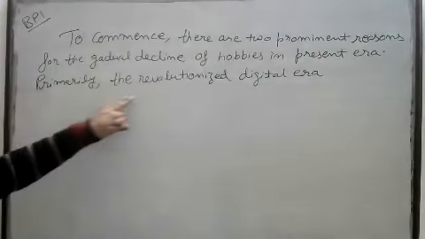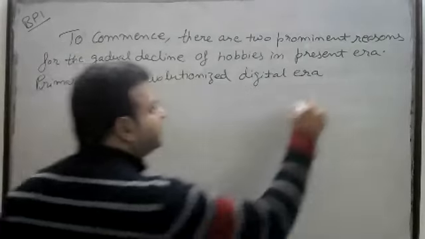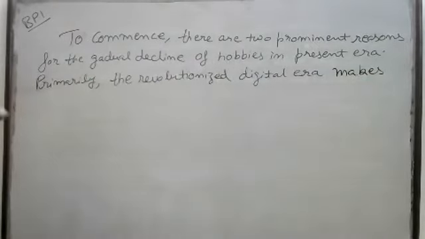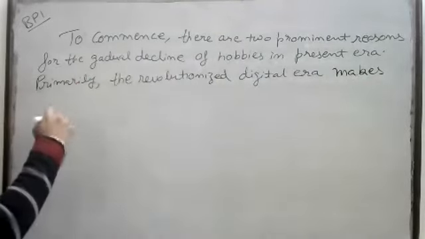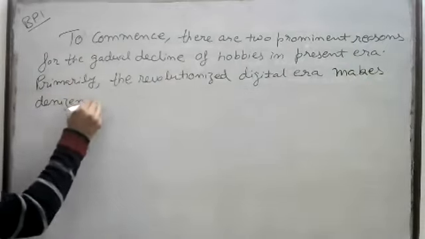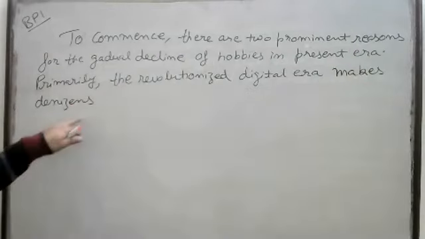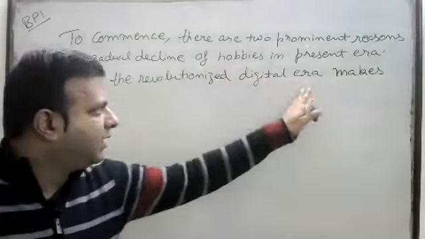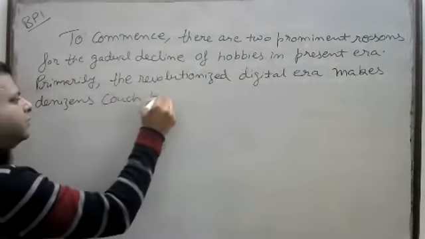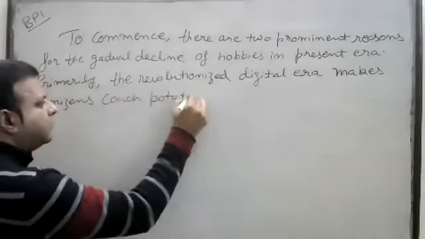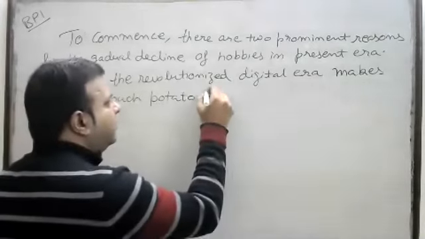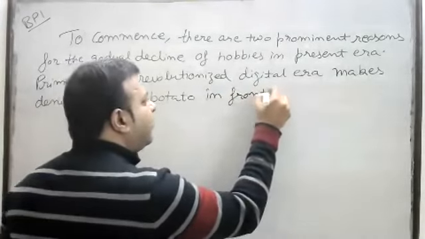So primarily, the revolutionized digital era makes citizens. Now I'm going to use another word for citizens, right? It's common. So it makes denizens, right? So the revolutionized digital era makes denizens couch potato. How? In front of.